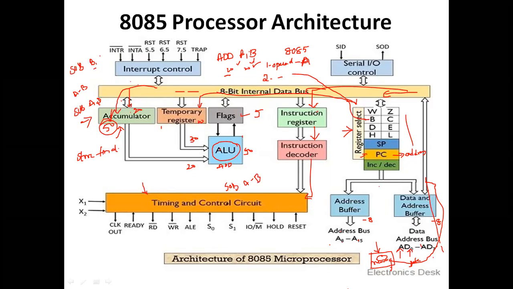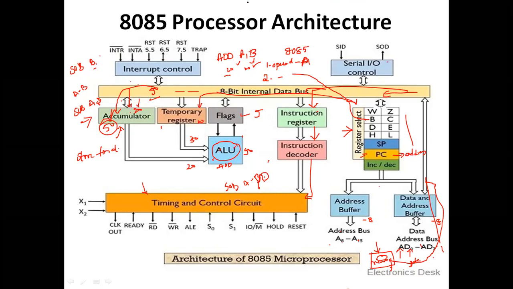What is the timing and control unit going to do? It is going to send signals to all the registers in the 8085 microprocessor. It is going to tell the accumulator to keep its data on the data bus. So the accumulator kept 50. And it tells the B register, or whichever register it may be, to keep its data.